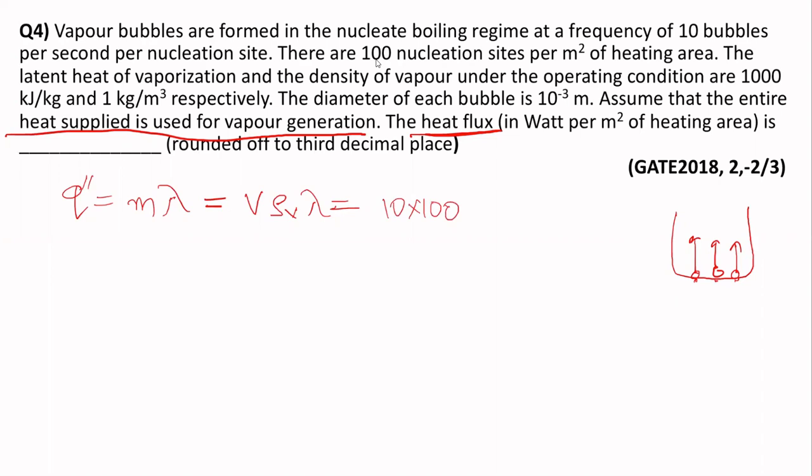These are the number of bubbles formed per unit area per second, so this is the number of bubbles per meter square second, into the volume of one particular bubble, which will be 4/3 pi r cube, or I can write it as pi/6 d cube, just to keep it in terms of diameter.